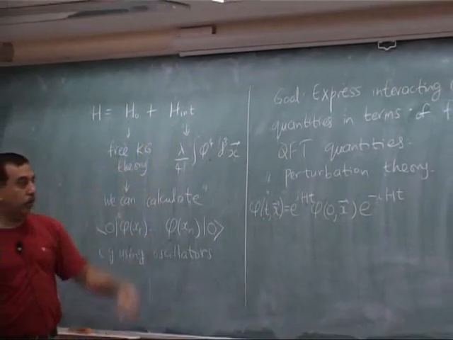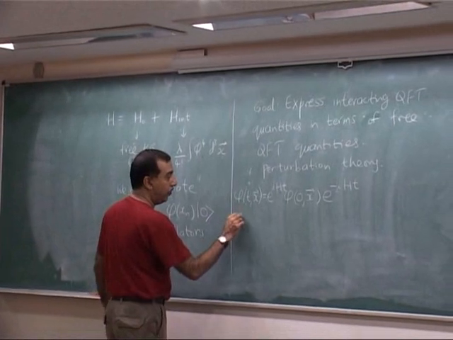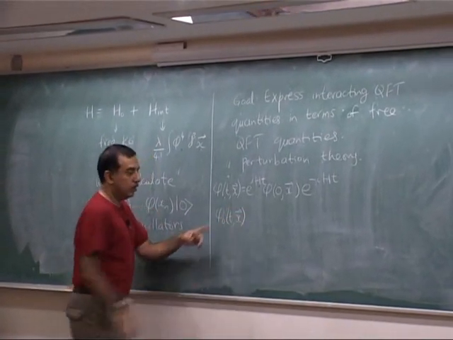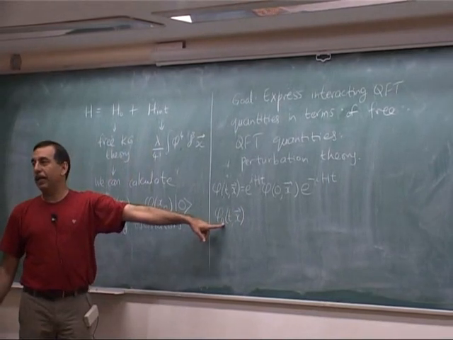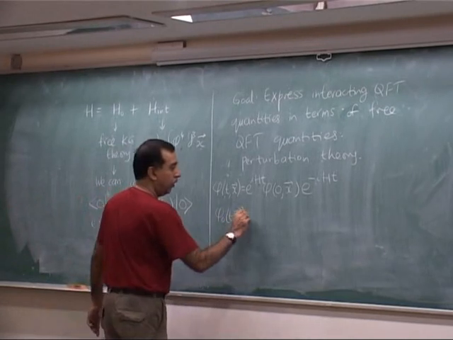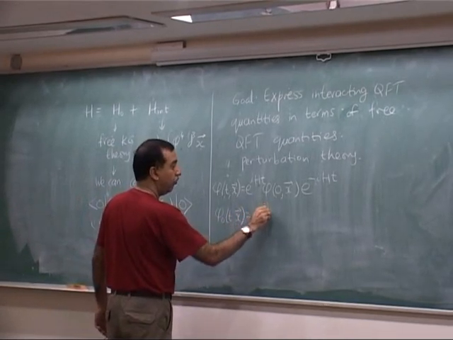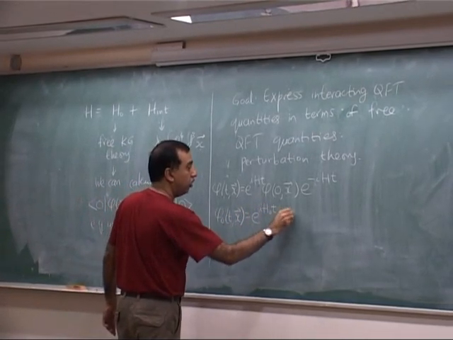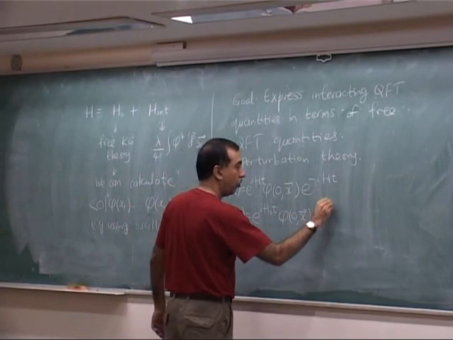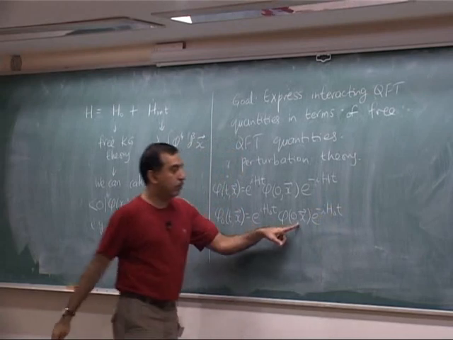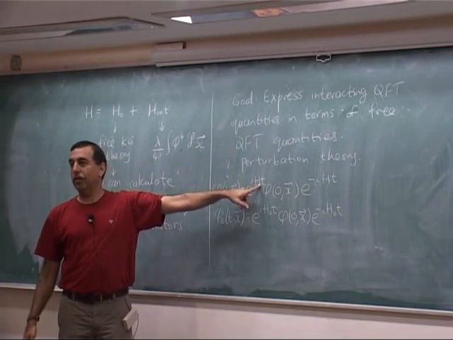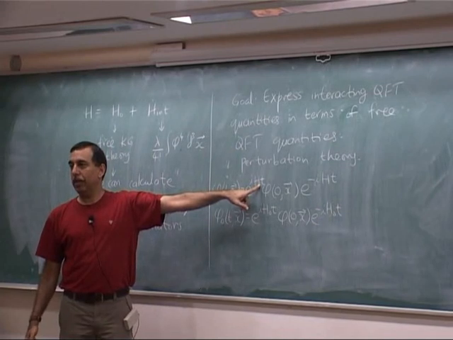Okay? However, I can also define a free field which I call phi 0 of t and x. Sometimes in the book this is called phi I, and it's referred to as the interaction picture field. I can define it by taking the evolution of the same configuration using the free Hamiltonian instead of the full Hamiltonian. Okay?